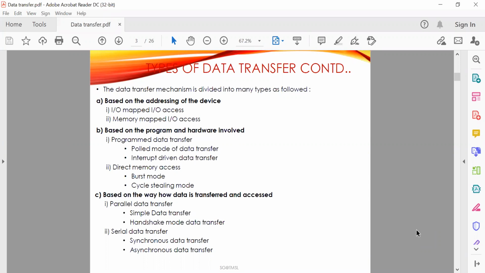A specific or dedicated IC is there, which is called the 8237 IC, which is a programmable DMA controller. It's a peripheral IC which can be programmed according to your requirement based on the DMA operation. So that's why it is called programmable DMA controller, the 8237.